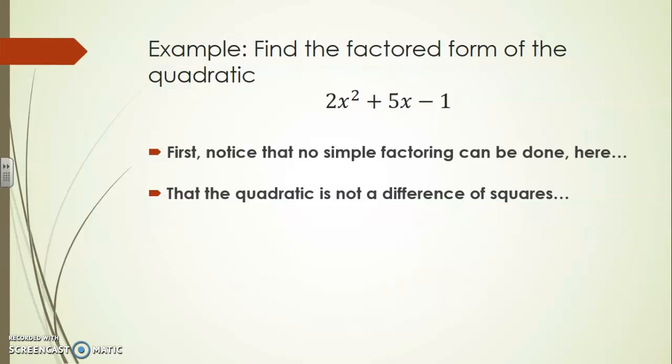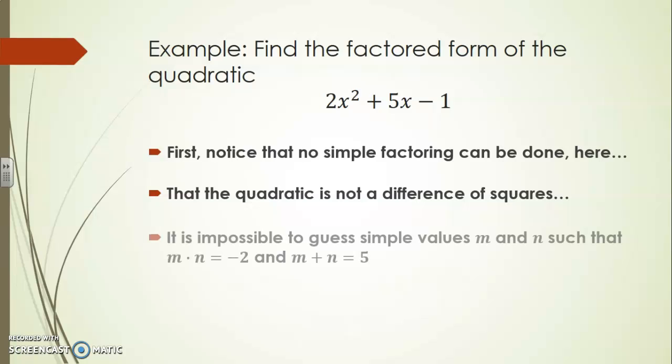This is not a difference of squares, so special factoring forms cannot be used. And even though you may try for a while, you'll quickly realize that m and n that produce a product matching a times c and a sum matching b are impossible to guess, meaning that the m and n values are most likely irrational.